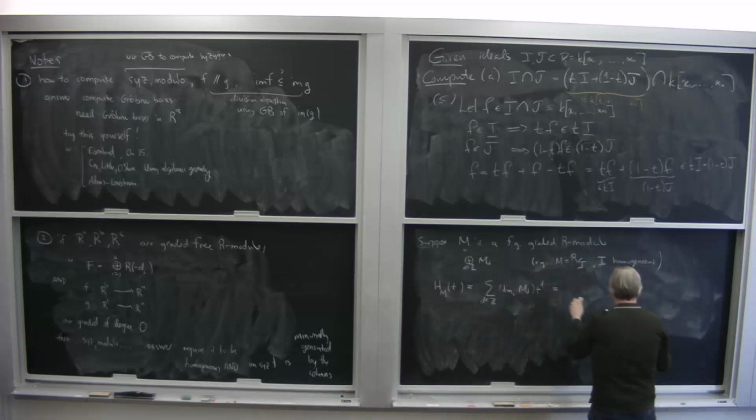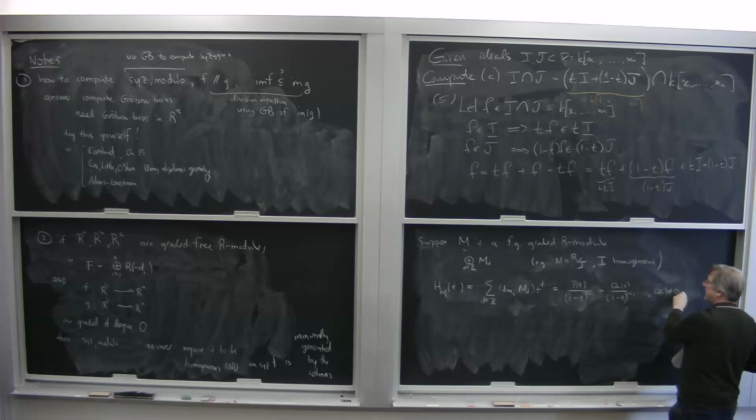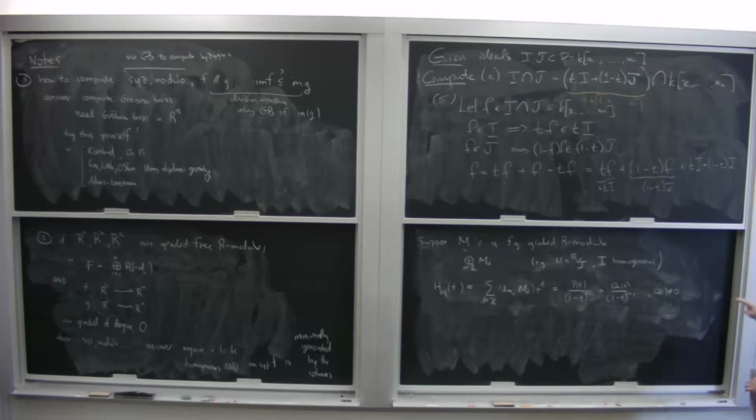Now the theory gives you that this is equal to some polynomial P of T over (1 minus T) to the number of variables plus 1, and then you can factor out a bunch of 1 minus T's, and you get another polynomial Q over (1 minus T) to the r plus 1, where Q of 1 is not equal to 0. So you can't factor out any more 1 minus T's out of Q. Okay, so this is always the case.